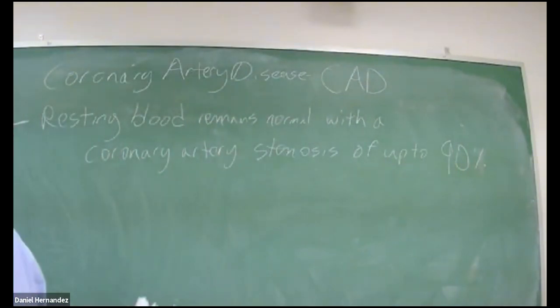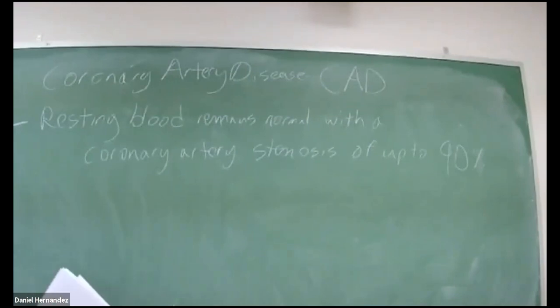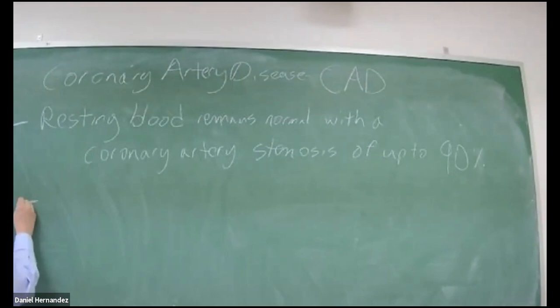That's a pretty big blockage for a patient not to really exhibit any symptoms when they're resting. So that's why we do the exercise stress tests, to put stress on that heart.